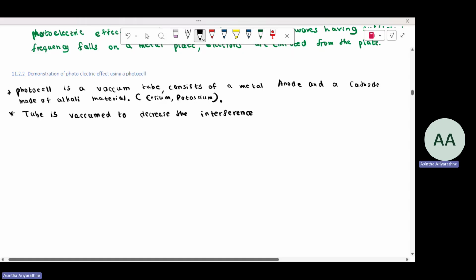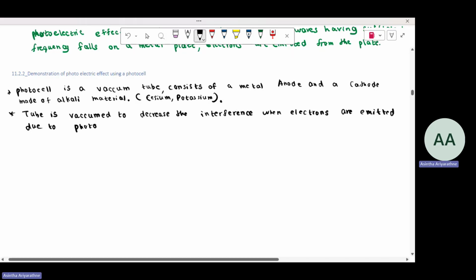The tube is vacuum to decrease the interference when electrons are emitted due to the photoelectric effect.